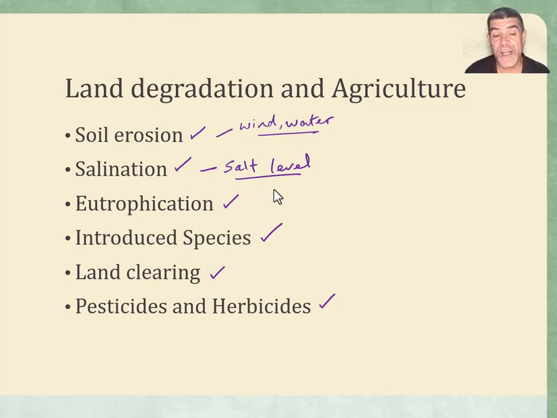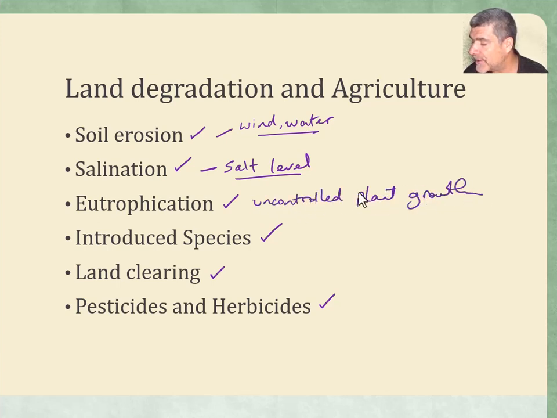Now, eutrophication is basically, what shall we call it, uncontrolled plant growth. And I've talked about this before. One of the things about Australian soils is they're actually quite poor, especially in nitrogen and phosphorus. So nitrates and phosphates are often added to improve the quality of the soil, which is great because that helps the plants to grow.